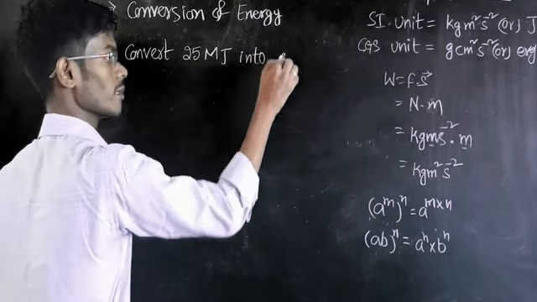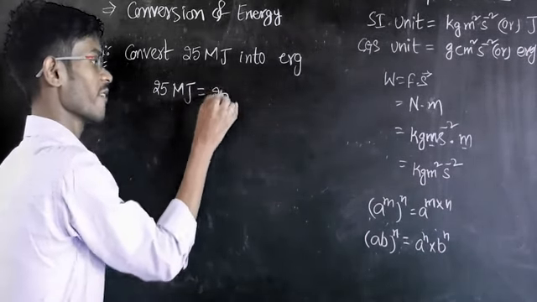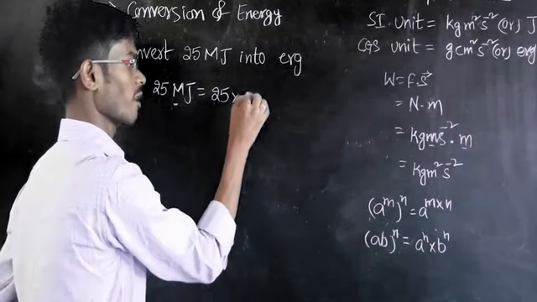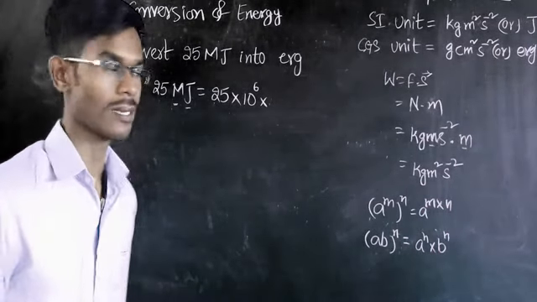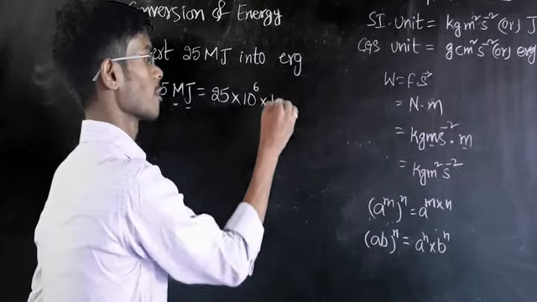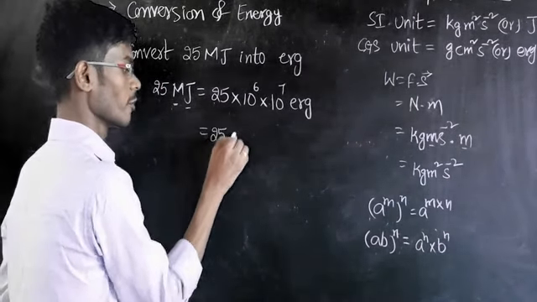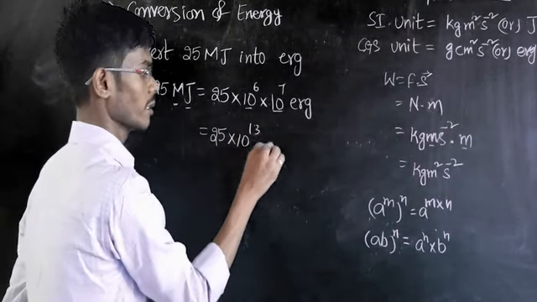So we are converting 25 megajoule into erg. 25 megajoule is equal to 25 into mega, what is the multiple? 10 to the power of 6. 10 to the power of 6 into 1 joule, and 1 joule is equal to how many ergs? 10 to the power of 7 erg. So 25 into 10 to the power of 6 into 10 to the power of 7. Bases are equal, right? Then powers can be added. 6 plus 7, 13. So 10 to the power of 13 here.